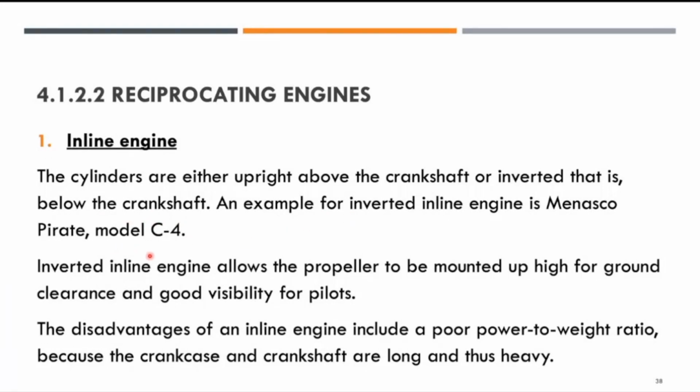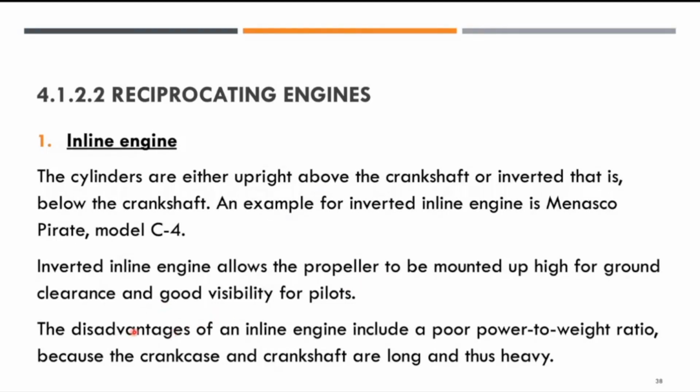I didn't put it here because it is going to be heavy in terms of my presentation. That's why I try to limit the figures, so you can try to Google on your own to see what the engine looks like. This type of engine, the inverted inline engine, allows the propellers to be mounted up high for ground clearance and good visibility for the pilots.